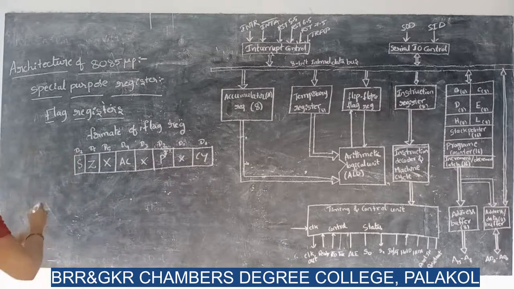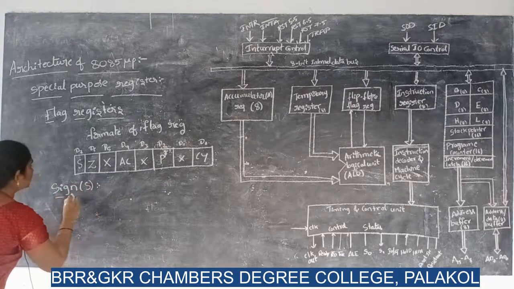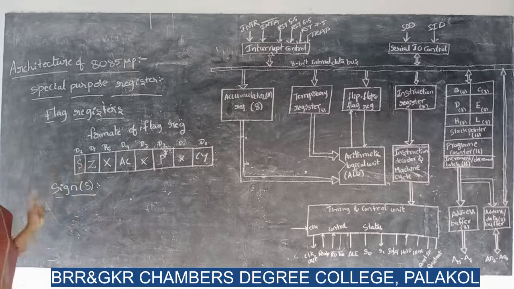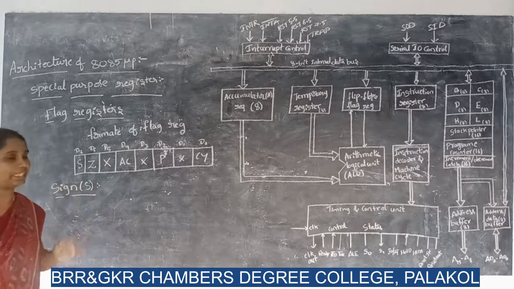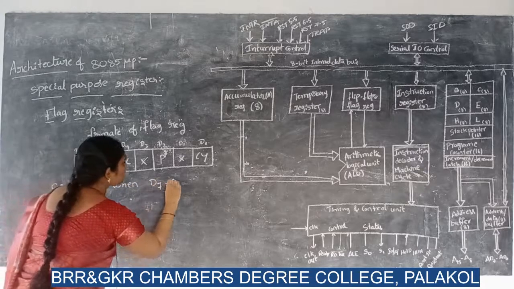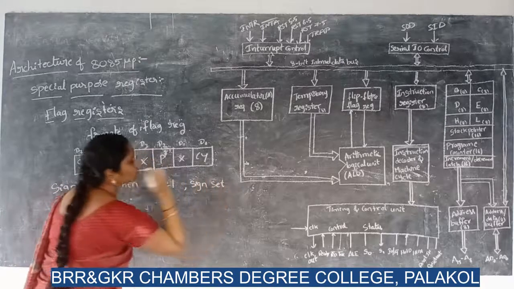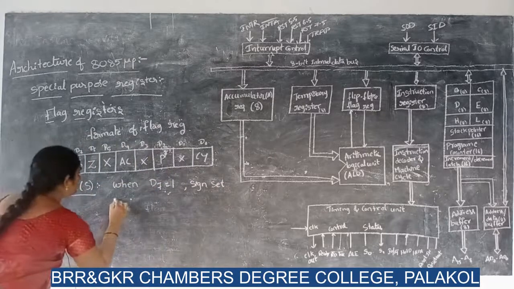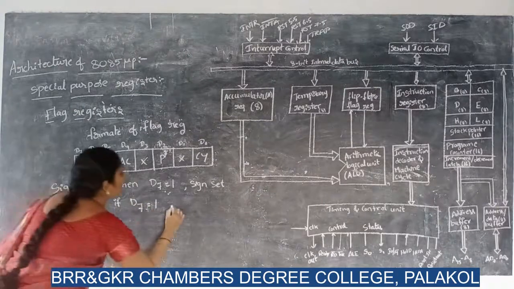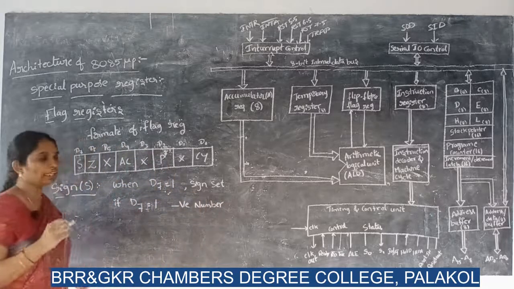Now, what is meant by the sign flag? Whenever the D7 bit is equal to 1, the sign flag is set. If D7 is equal to 1, the given number is a negative number.